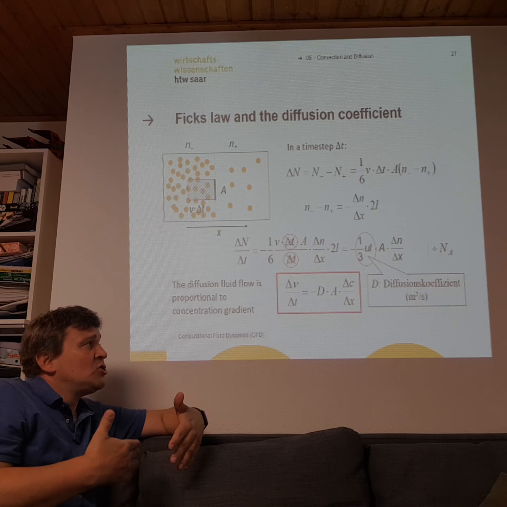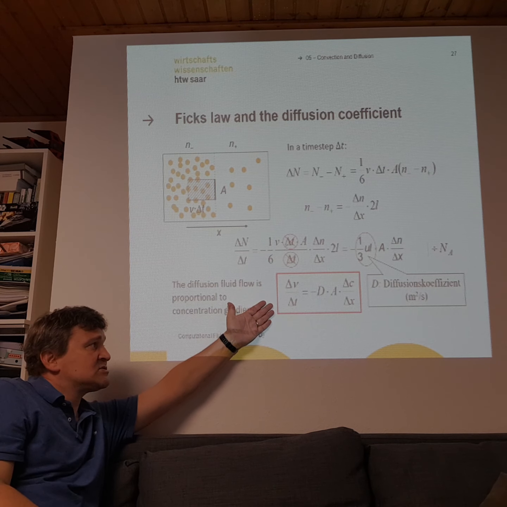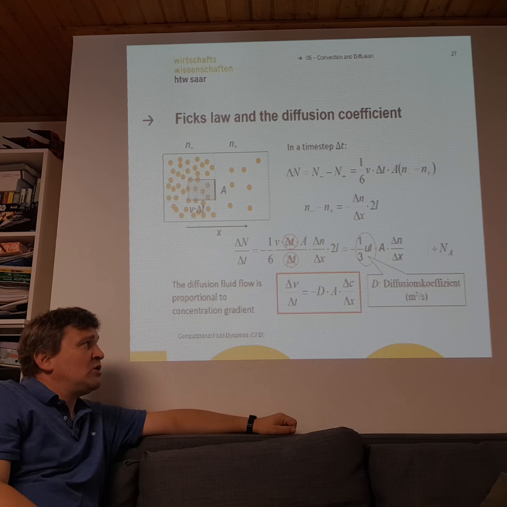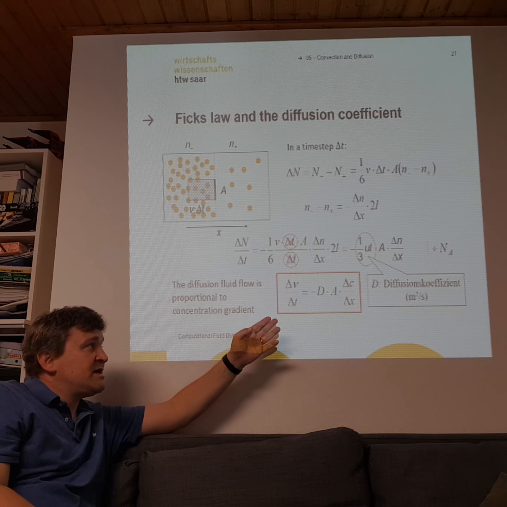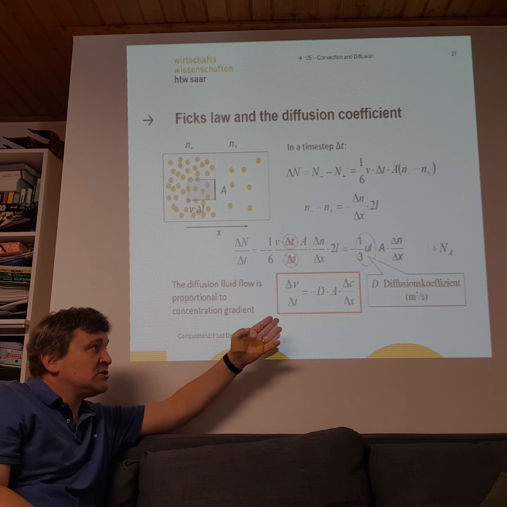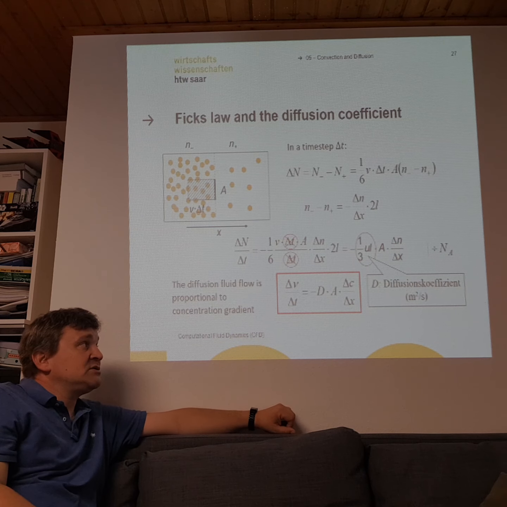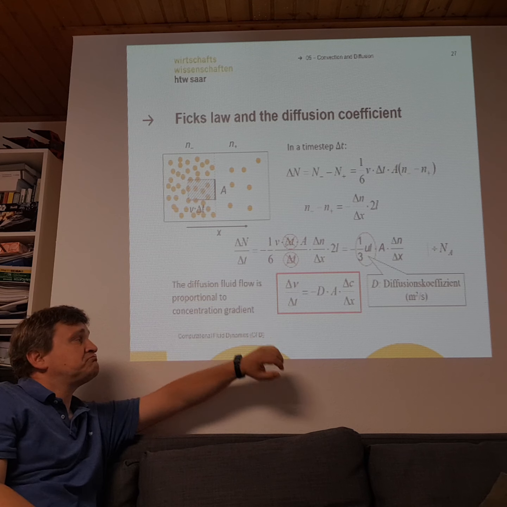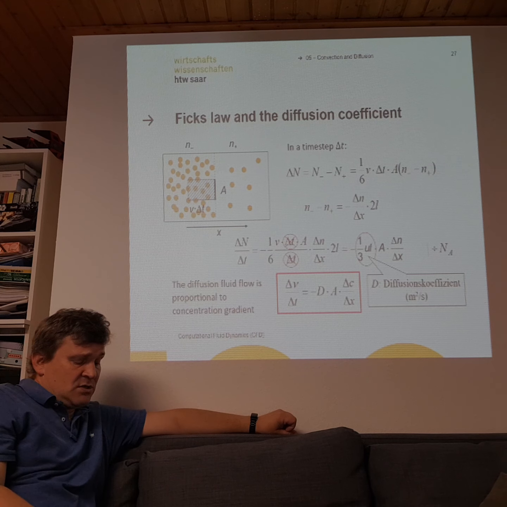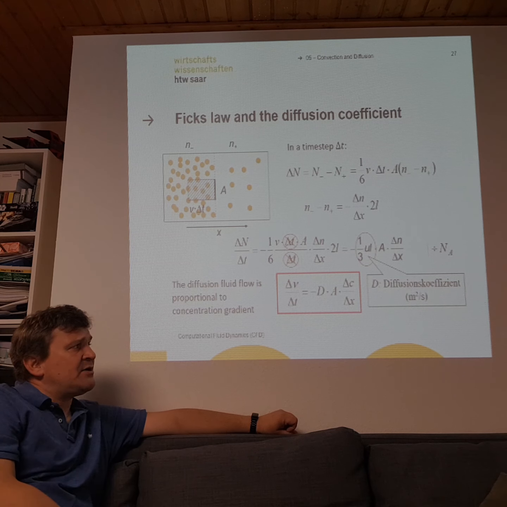It's just a little bit easier. You can describe the number of molecules based on a diffusion coefficient multiplied with the derivative of the concentration in convective direction.